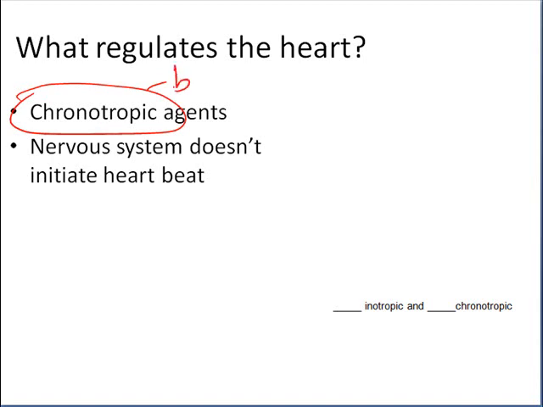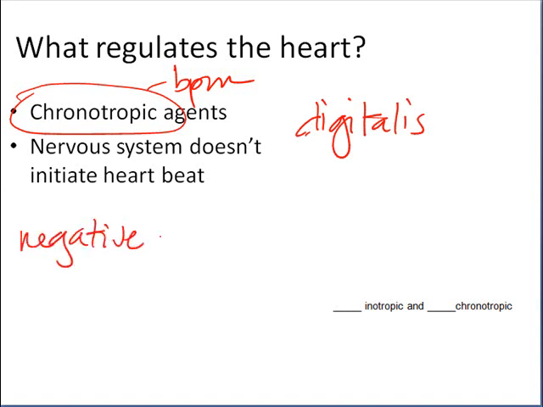One is digitalis, which you may hear of people taking occasionally for their heart. Digitalis is a derivative chemical from the foxglove flower, which is a flower lots of people grow in their gardens. And digitalis is a negative chronotropic agent, meaning it has the ability to slow down the rate of heart beats. So the total number of beats per minute is slowed.